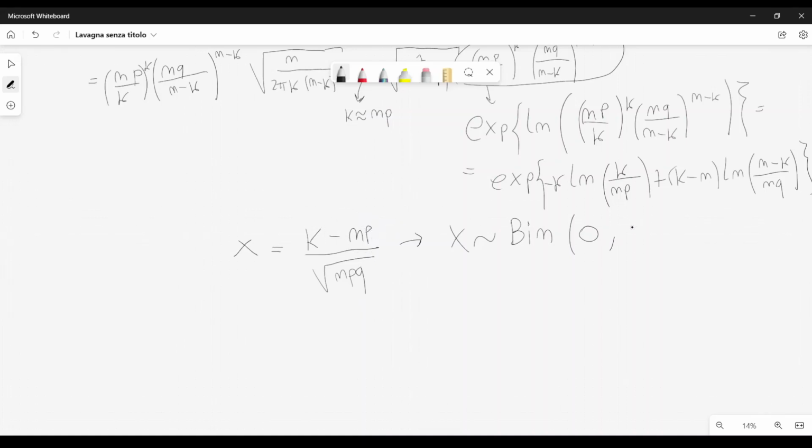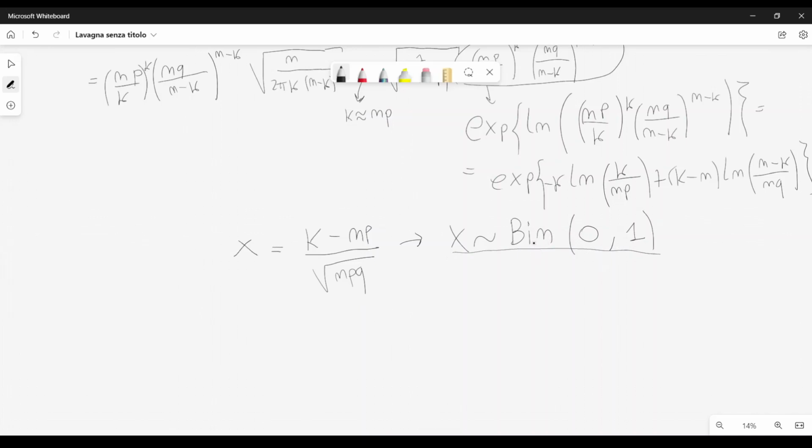And also the standard deviation of x will be equal to 1 because when I take the variance of this variable, I will get npq in the numerator and also npq in the denominator because we have to square this, so I will get 1. This will just simplify our derivation if I consider this variable x.